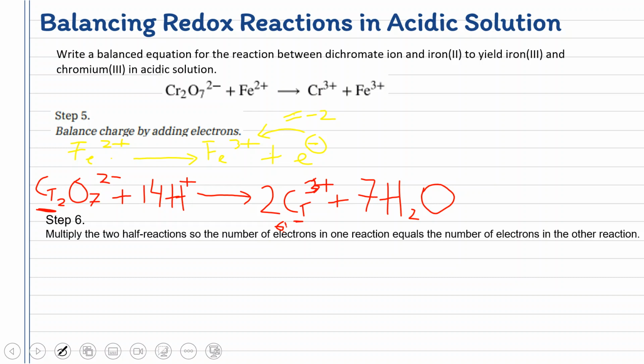So there's 6 plus. Let me clean that and write that well. Good, 6 plus for the Cr. So we need to do something here to equate the charges for Cr. So we're going to put plus 6.